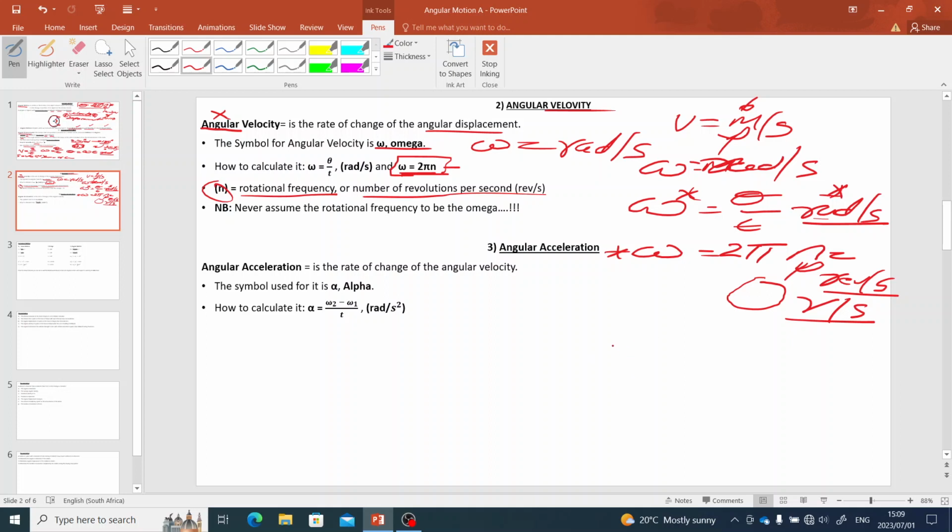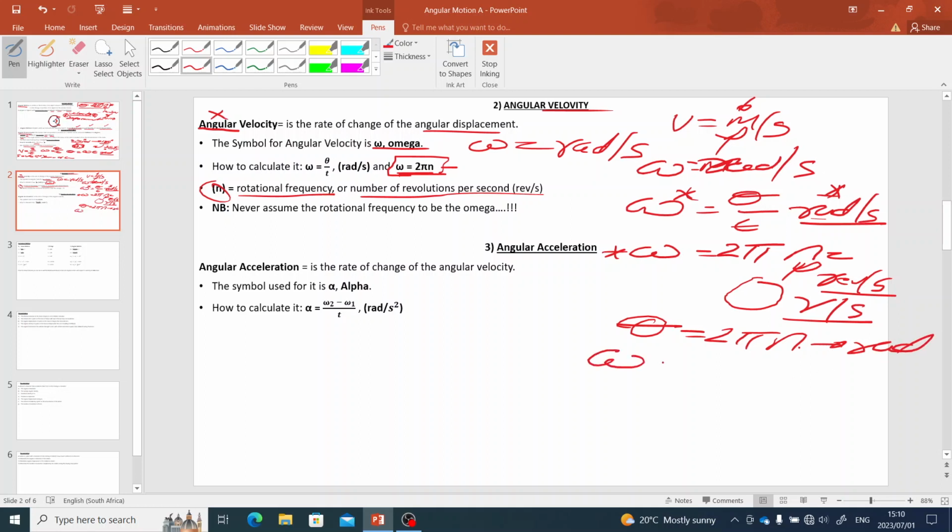You have the n for rotational frequency, and you have the n for number of turns. The n for number of turns, we use to calculate the angular displacement: 2 pi n, where we are looking for rad. But for omega, it is 2 pi n, and here the SI unit is rad per second. Why? The n's are not the same there.